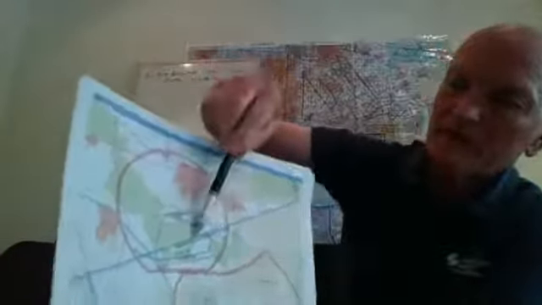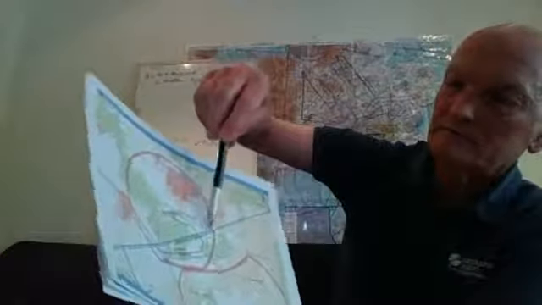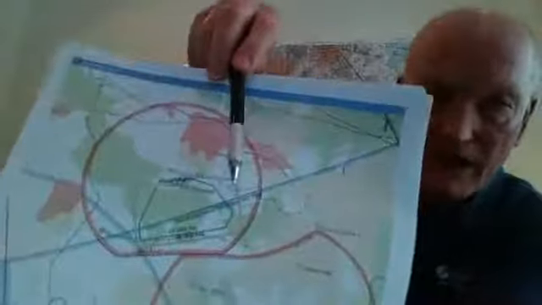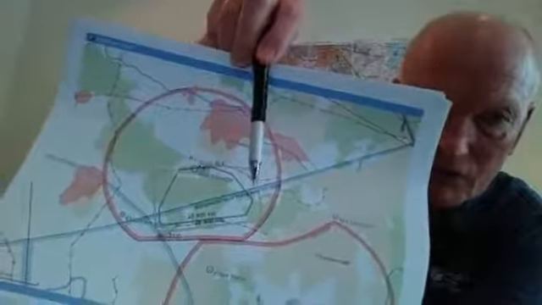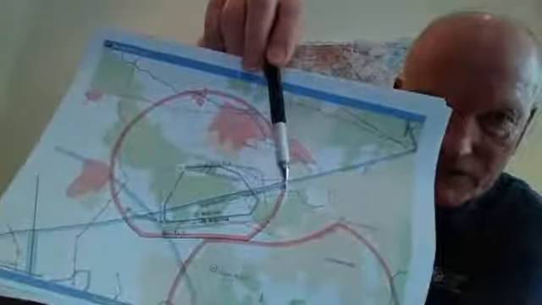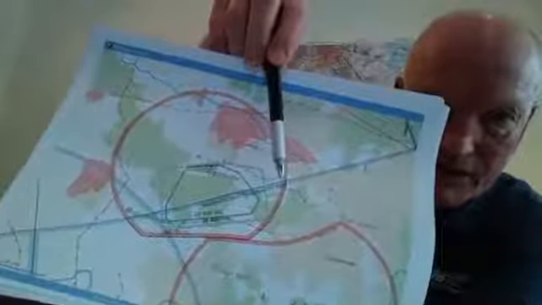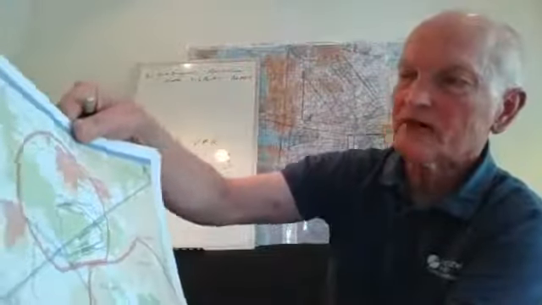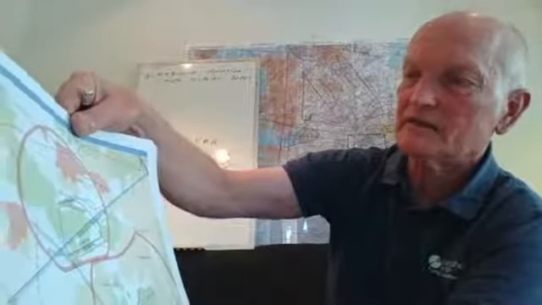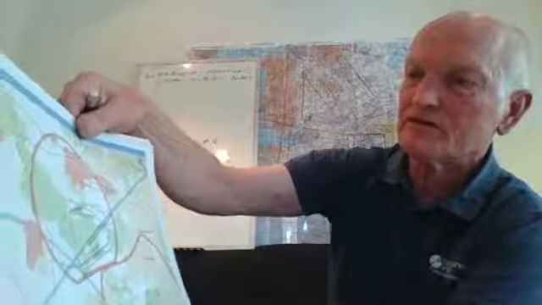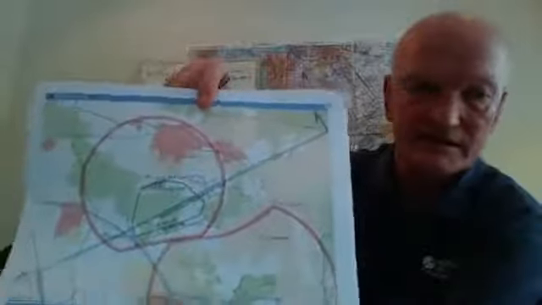But if you can read that, Blackbush local flying area, surface to 2,000 feet. So that goes from the surface to 2,000 feet, that says.